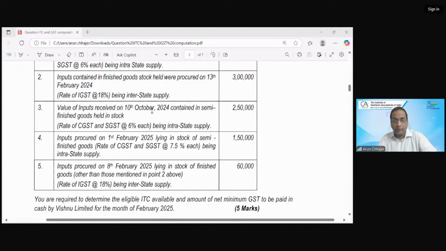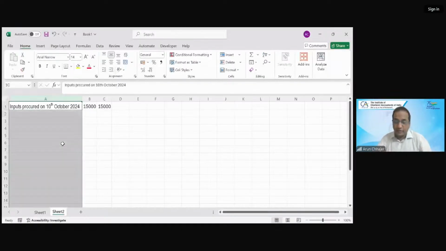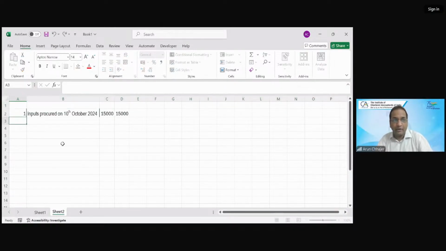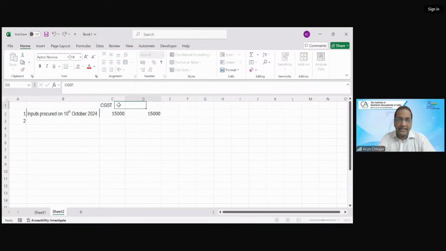I'm doing the calculation in the Excel sheet. I will show you after completion of the calculation. So it comes 15,000. ठीक है. अभी मुझे आपने एक ही चीज कही. As of now you have told me that ITC would be available on this input procured on 10th of October. ठीक है, चलो. And I have calculated this 2,50,000 multiplied by 6%. It is CGST and it is SGST. If there is any IGST I will write.